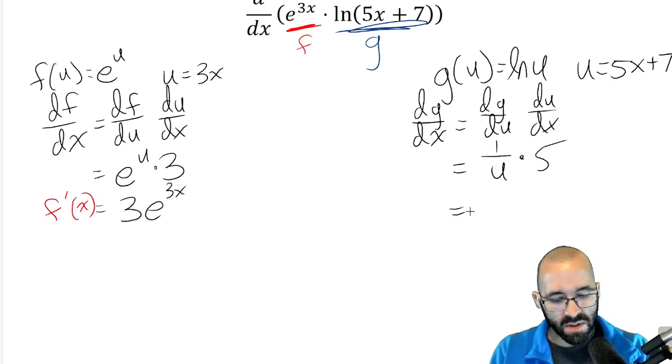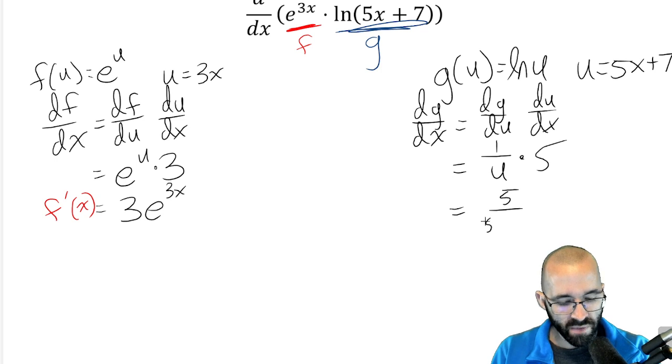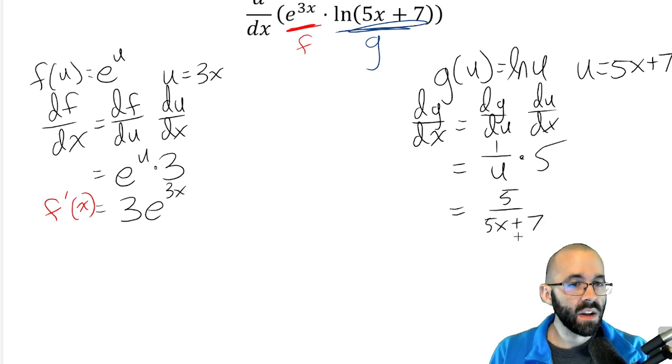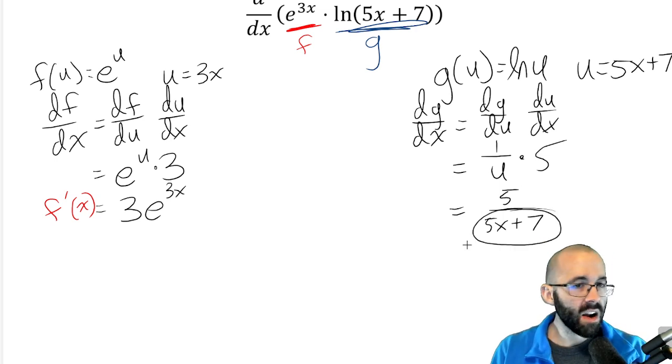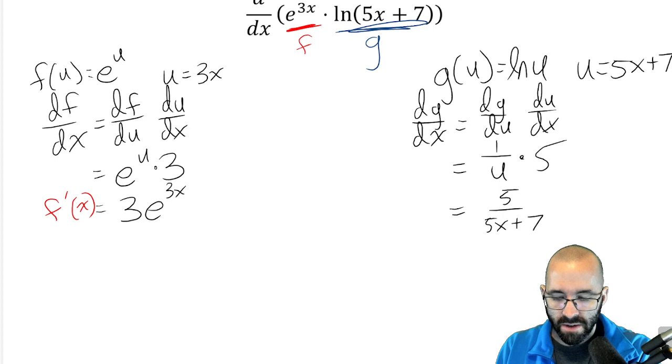Put everything in terms of our original variable, and we'll get 5 divided by u, which is 5x plus 7. We cannot cancel here, because you can only cancel if there's a common factor. We cannot factor 5 out of the whole denominator. This is our g prime.